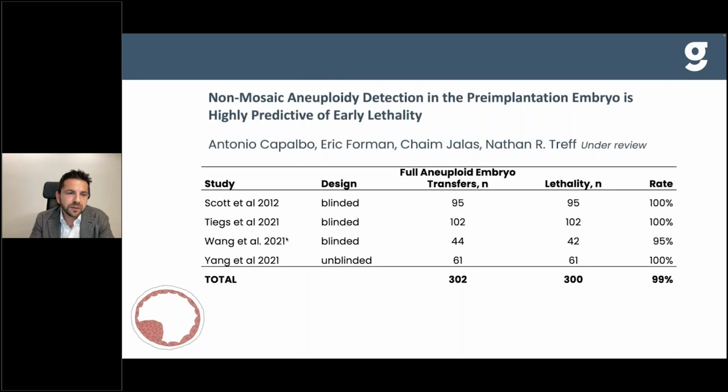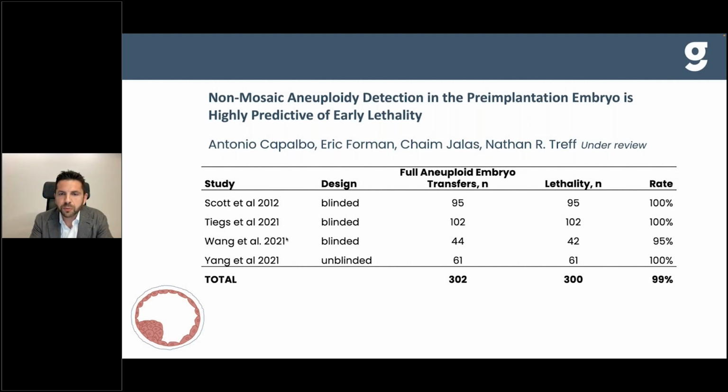Here in this slide, you can see a collection of transfers of uniformly aneuploid embryos that we have recently compiled with my friends and colleagues. Today we have over 300 embryos transferred in the fully aneuploid category, and in 99% of the cases these resulted in a failed implantation or, at worst, in miscarriages.